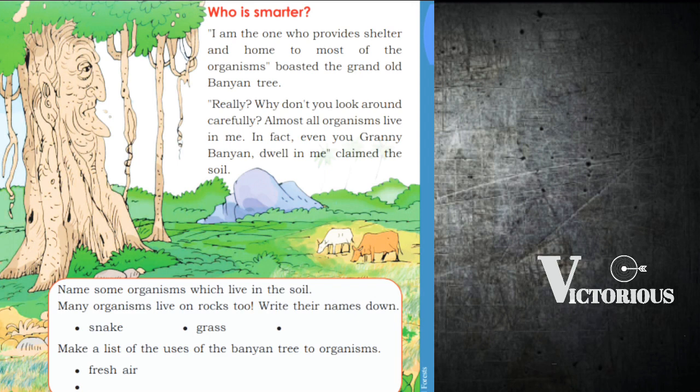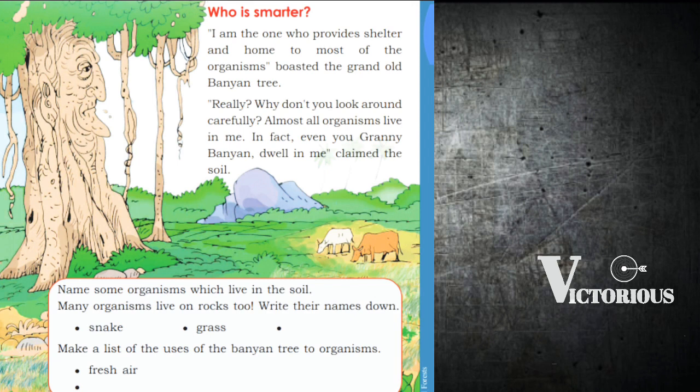Then the second thing: make a list of uses of the banyan tree to organisms. We have a number of uses for our banyan tree. Organisms means living things. Living things use the banyan tree in a number of ways. First, we get fresh air, right?